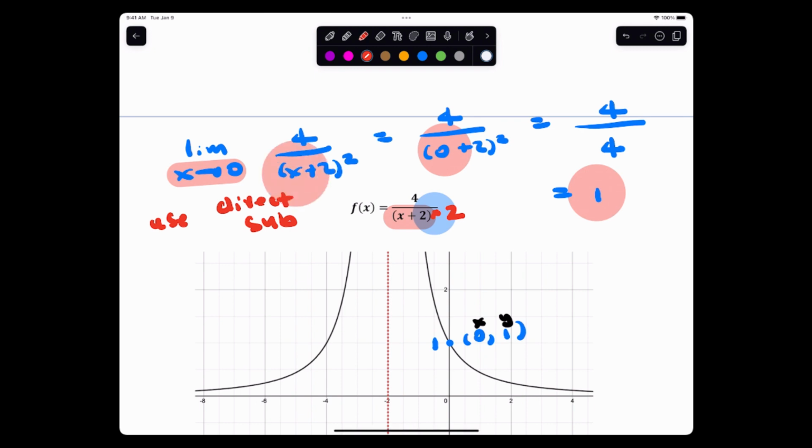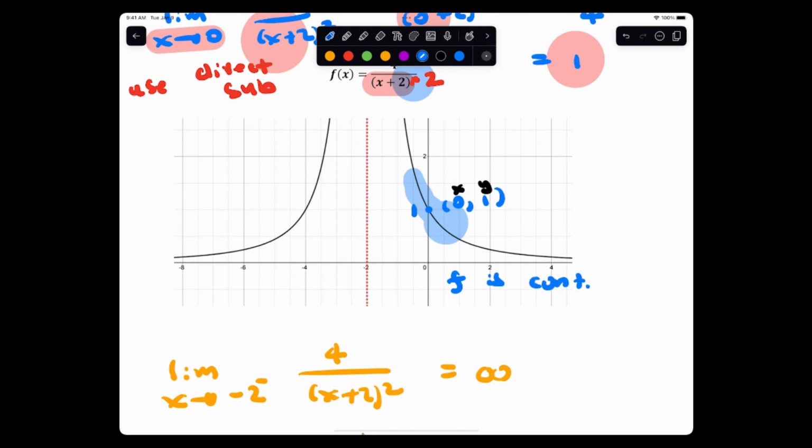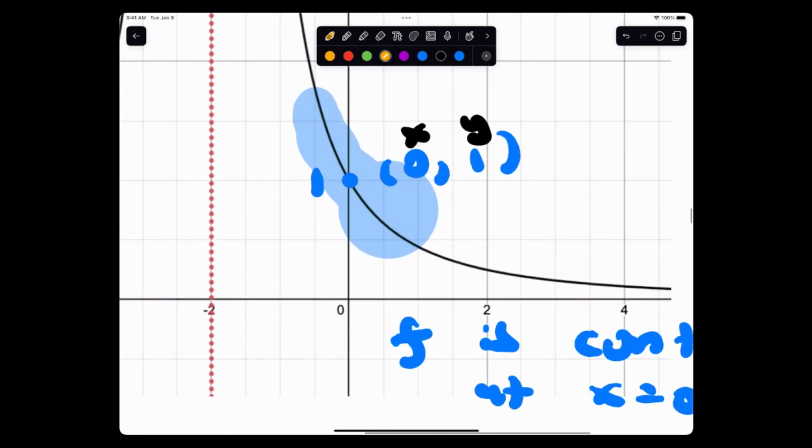finite number of 1. The reason you do is because why? This was what I was getting at. Sketch the curve. The reason you get that answer is because your function f is what? Continuous. Where? At x equals 0. Yes. So the right-handed limit, graphically speaking, equals the left-handed limit.